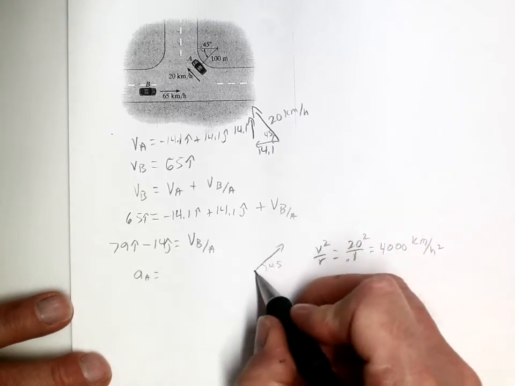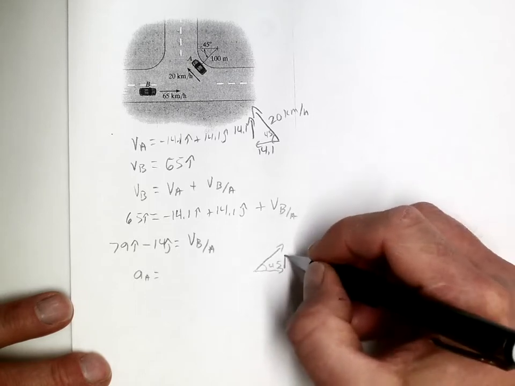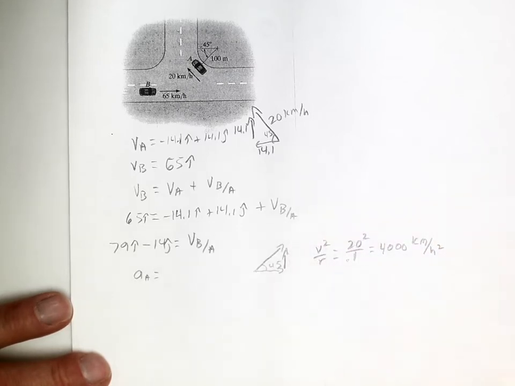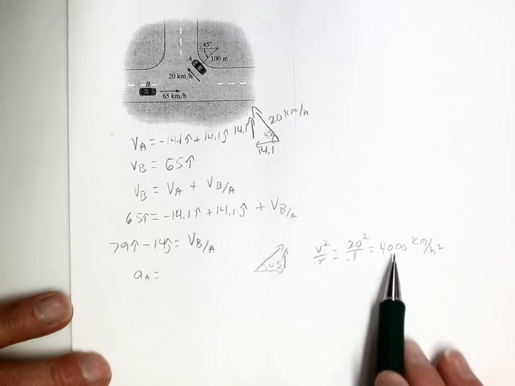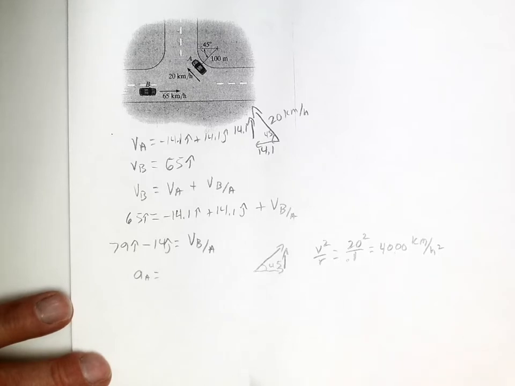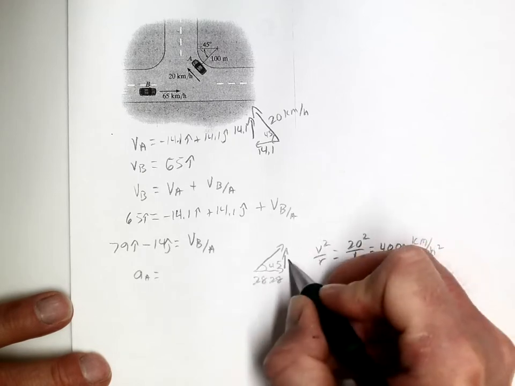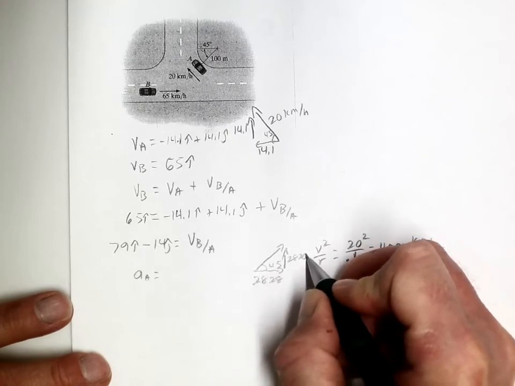Okay, so the acceleration that way and that way is 0.707 times 4,000, which comes to 2828.